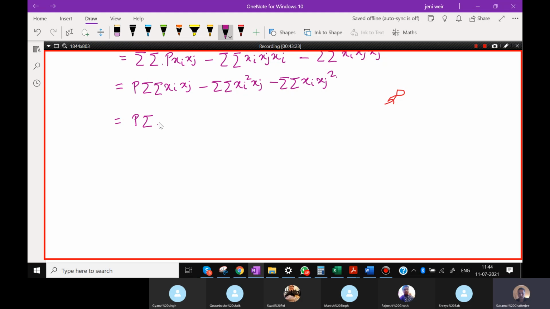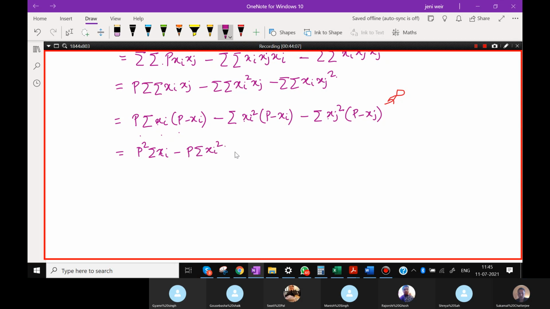This would be p into the sum of xi into (p minus xi), minus the sum of xi square into (p minus xi), minus the sum of xj square into (p minus xj), which would be p square into the sum of xi, minus p into the sum of xi square, minus p into the sum of xi square plus the sum of xi cube, minus p into the sum of xj square plus the sum of xj cube.